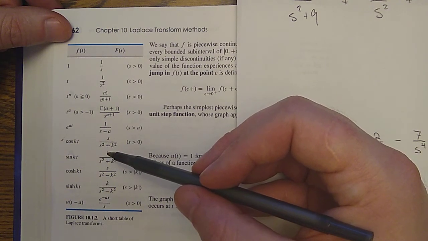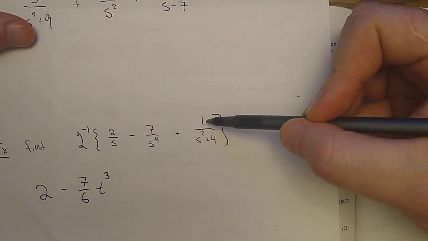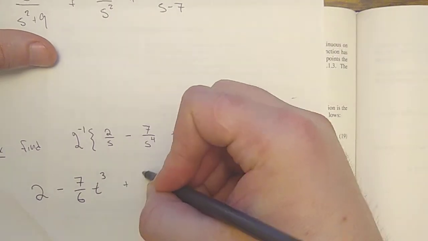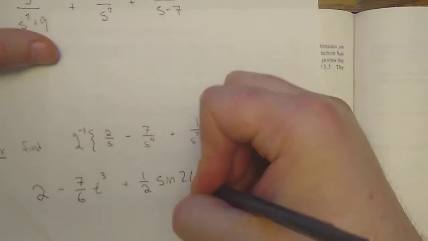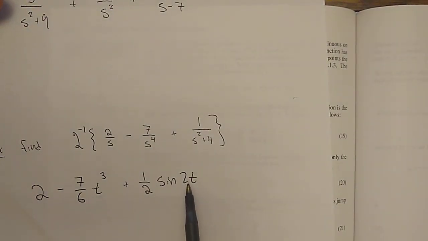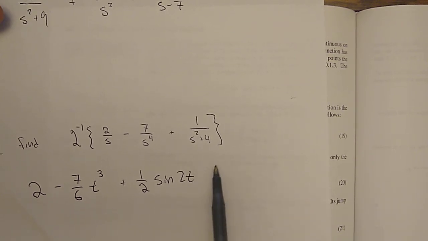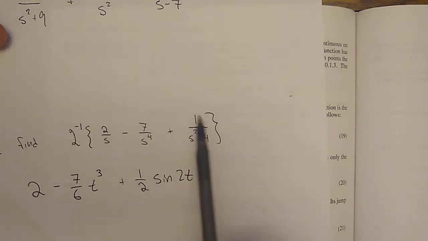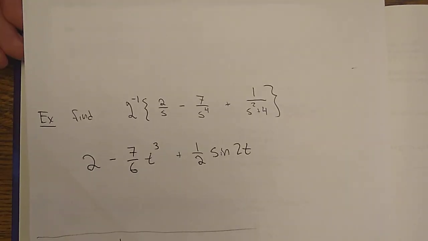Unfortunately, I don't have a 2 on the top. It doesn't look exactly like this. But I can fix that. I can say 1/2 sine of 2t, right? Because the Laplace transform of sine of 2t would be 2 over s squared plus 4, but then that 2 would cancel this 1/2, and I would get 1 over s squared plus 4. So hopefully that made sense.